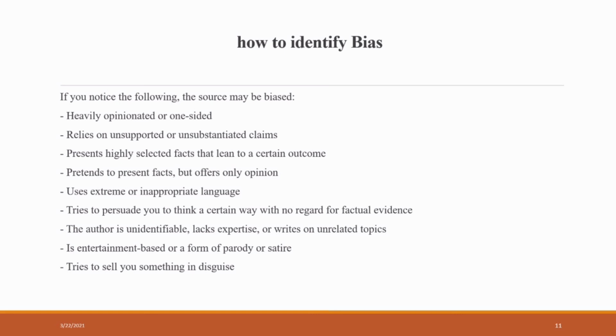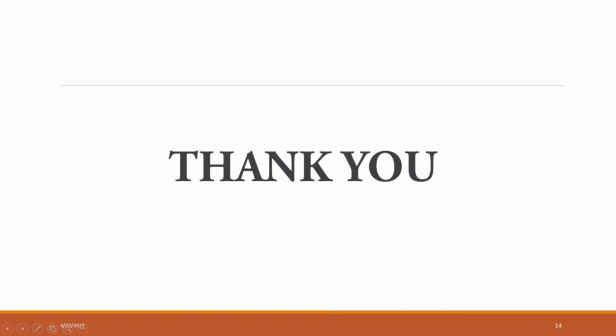The author is unidentifiable, lacks expertise, or writes on unrelated topics, is entertainment-based, or a form of parody or satire, tries to sell you something in disguise. So that is the presentation from our group.